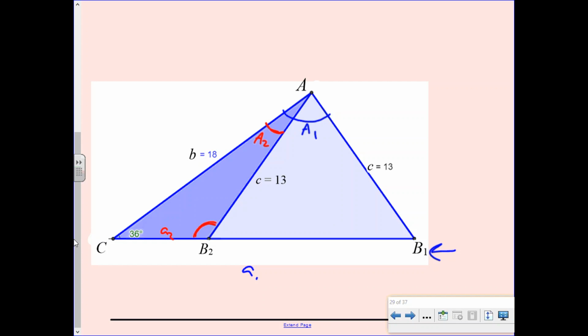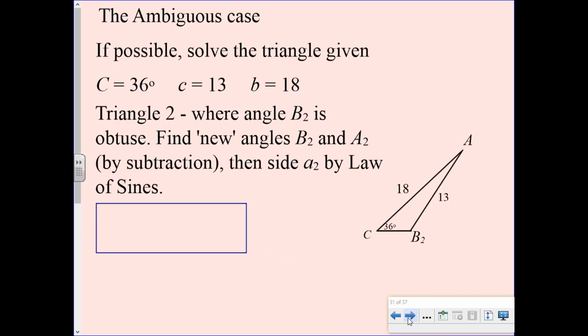Because remember, from your unit circle, the sine values in quadrant 1 and quadrant 2 are both positive, and they are supplementary angles. So if you remember, the sine of 30 degrees is 1/2, the sine of 150 is also 1/2, and that's going to hold for all of those angles in quadrants 1 and 2. So all we have to do to find the second angle, my B2 angle, is take B1 and subtract that from 180.